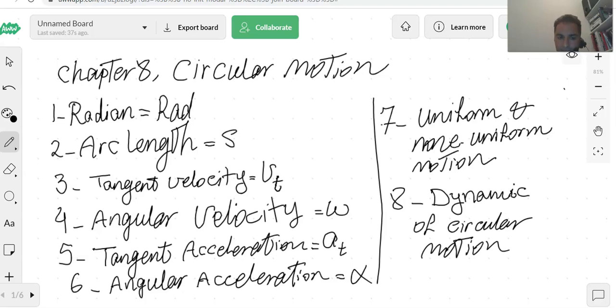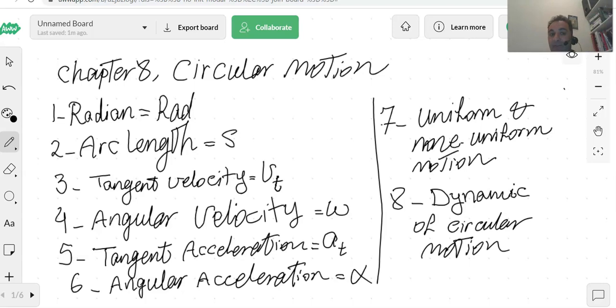What we see here are tangent velocity and tangent acceleration. These two, which are tangent, we actually learned in chapters 2, 3, and 4. Velocity means change in position divided by time, distance divided by time.